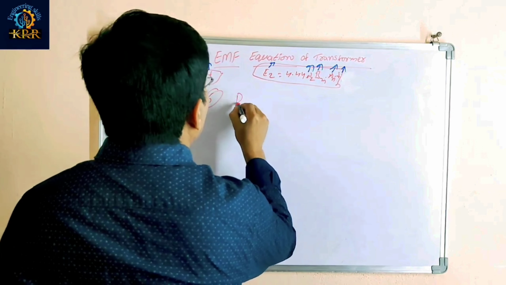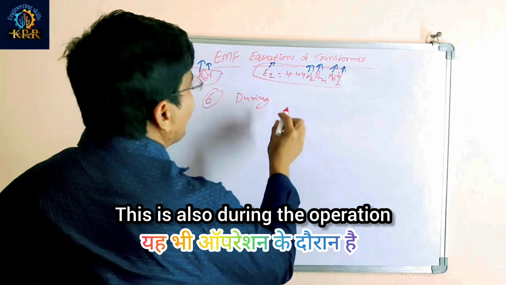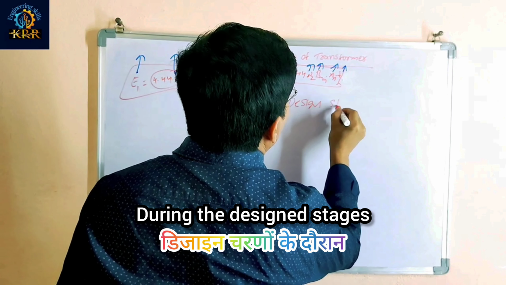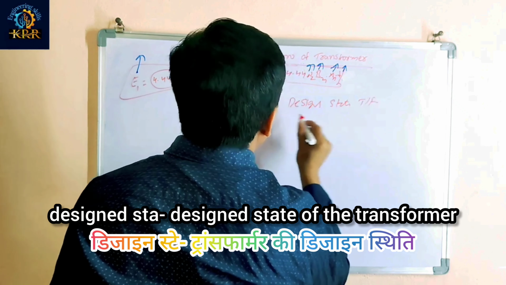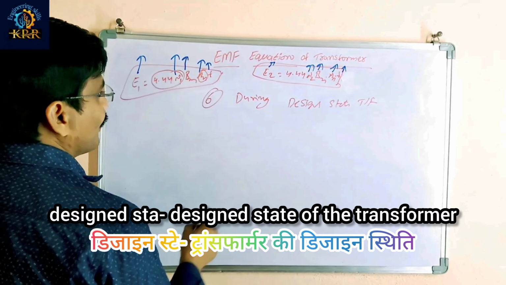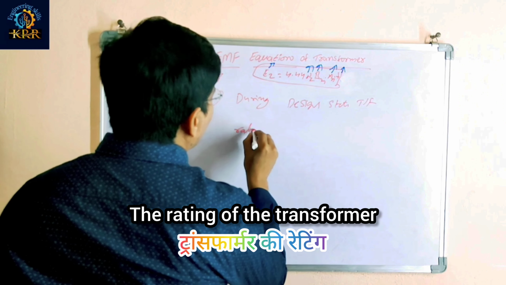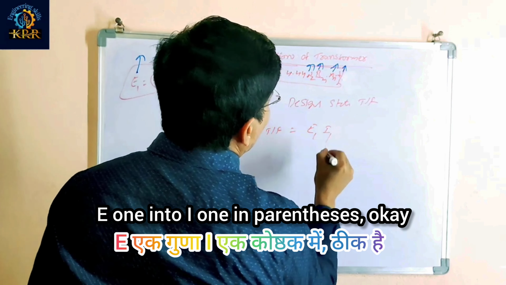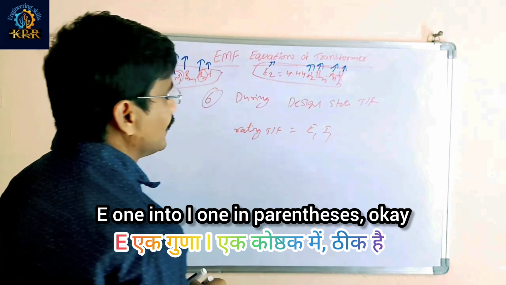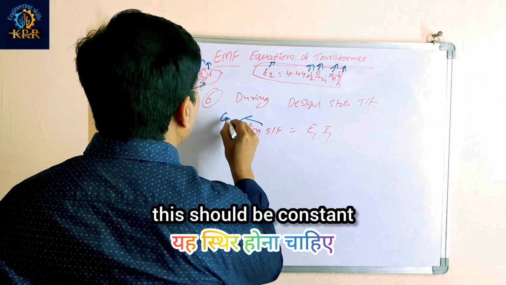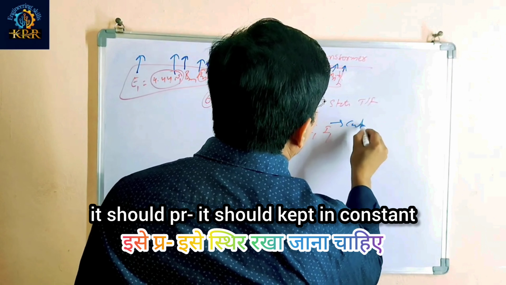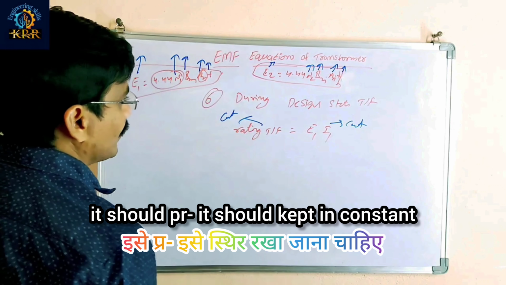Next, sixth point. This is also during the designed stage of the transformer. The rating of the transformer is equal to E1 into I1 on the primary side. In this case, E1 should be constant, and this current should also be kept constant.